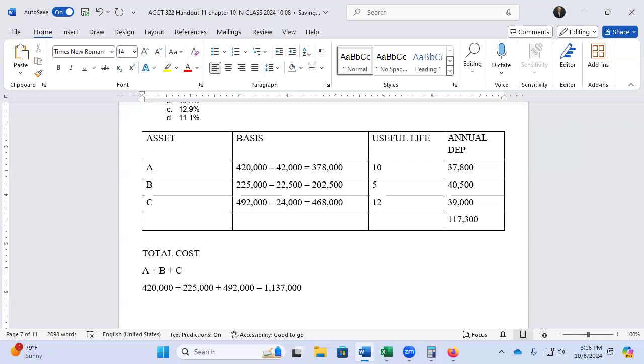Now we just divide annual depreciation, 117,300 by total cost, 1,137,000. And that equals 10.3 approximately.